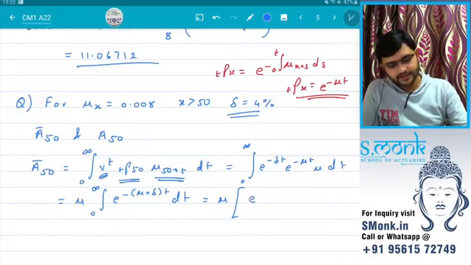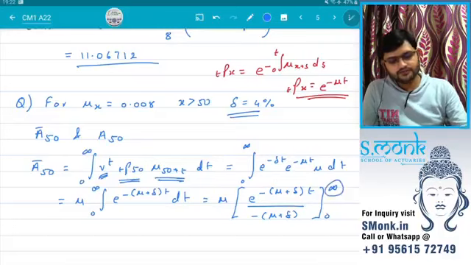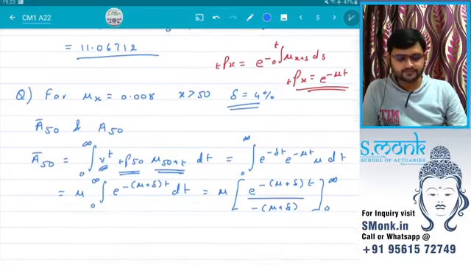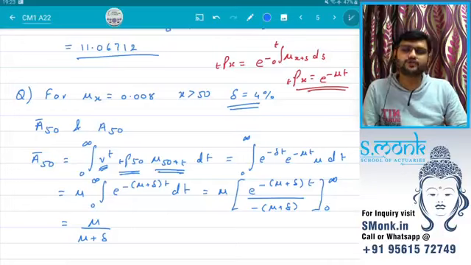Integrated, I will have e raised to minus (mu plus delta) t upon minus (mu plus delta), from 0 to infinity. When I put infinity, that will give me just 0, since e raised to minus infinity is 0. When I put 0, e raised to 0 is just 1. So I'll get this as nothing but mu upon mu plus delta.